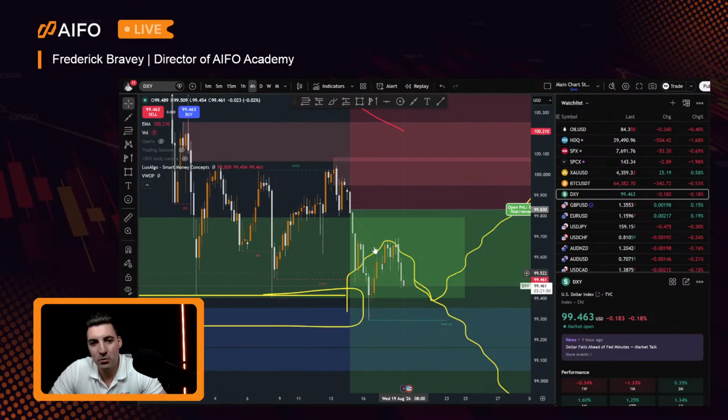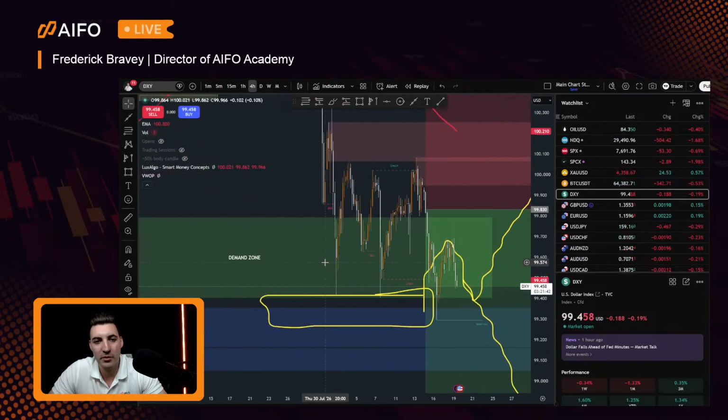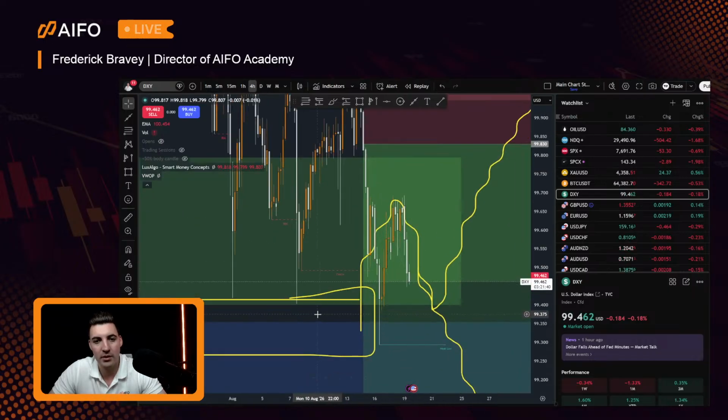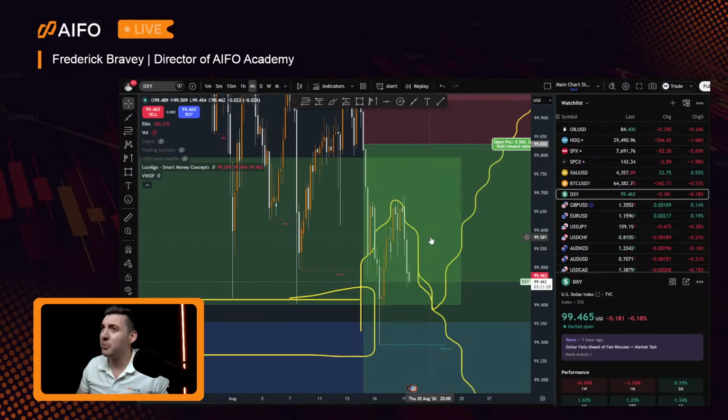DXY again, more high level analysis rather than the 15-minute frames or the lower time frames. I do have some trading partners who trade DXY exclusively. It's pretty awesome to hear their inputs, and we'll be bringing out some lessons, and I think I'll be doing an interview with an institutional trader in the next couple of weeks, and we'll be bringing that content out to you guys as well.